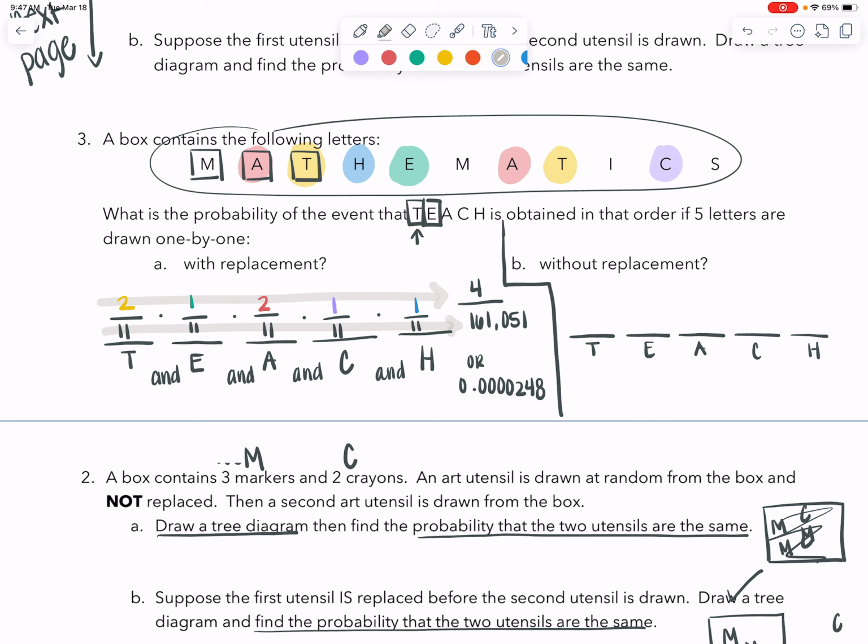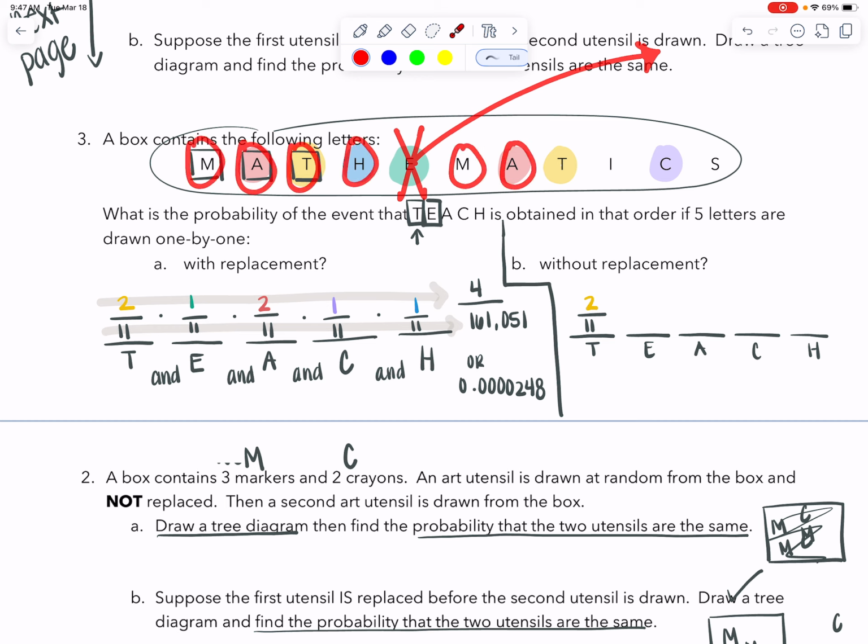T, well, the same as before, there's 2 T's out of a total of 11. Now, with the E's, I have drawn a letter out, and I did not put it back, so now there's only 1, 2, 3, 4, 5, 6, 7, 8, 9, 10 letters left. And then there is 1 E.